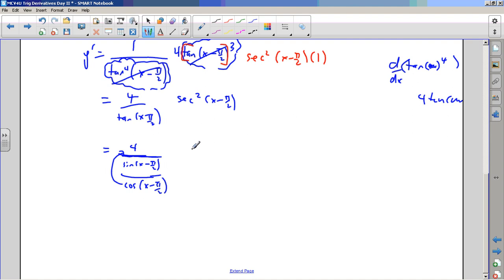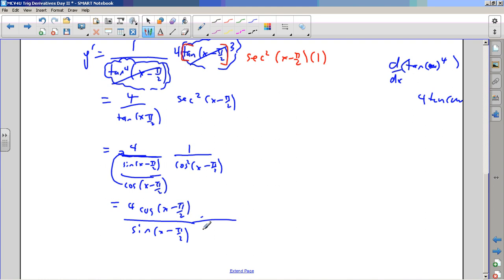Secant squared is 1 over cosine squared of that. And when that flips up to the top, I will be able to simplify 1. So this one wasn't so bad to simplify. Well, a little bit. And then there's 1 on the bottom instead of 2.